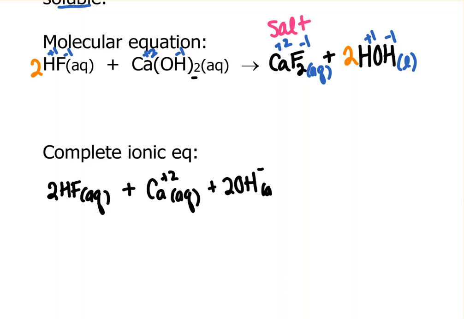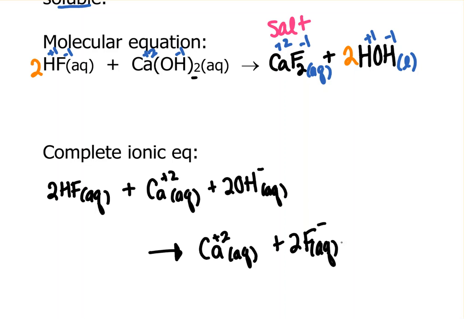And then calcium fluoride, of course, this is water soluble. An ionic compound that's water soluble is always ionized, so we break it apart. And then water is a covalent compound, so we don't break it apart.